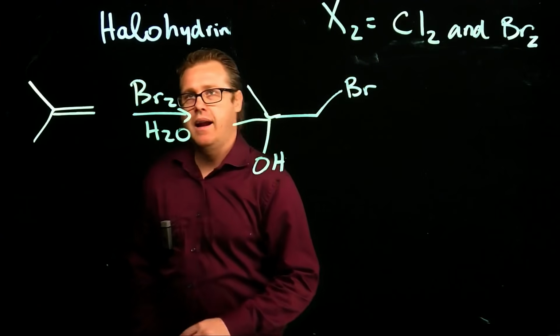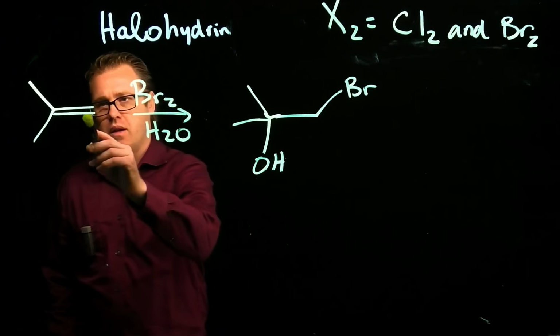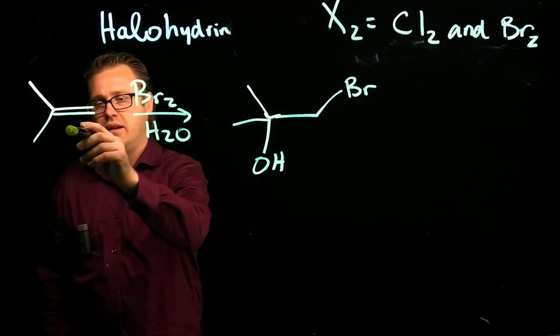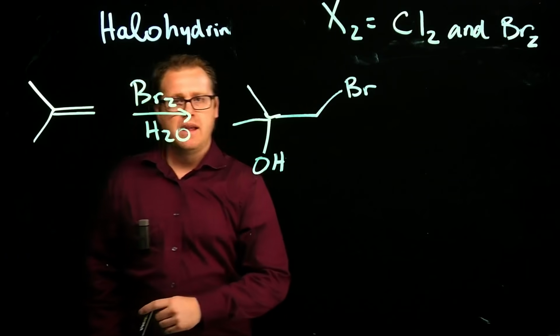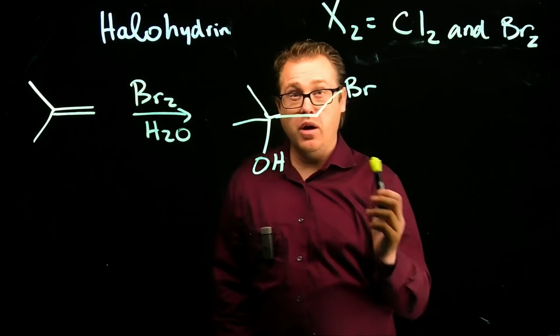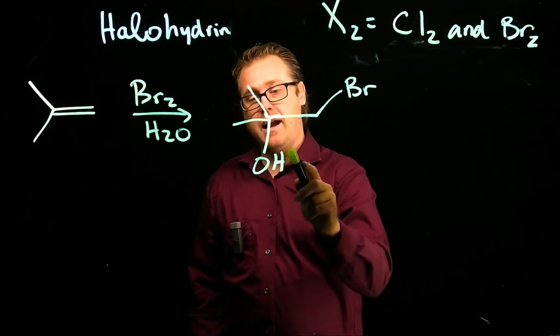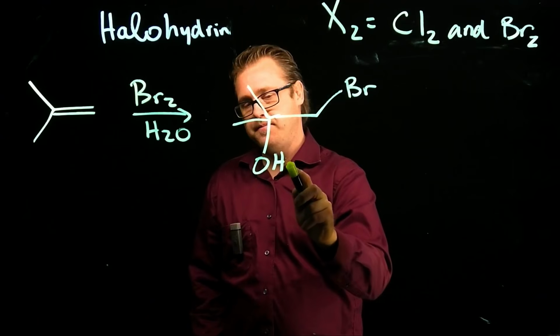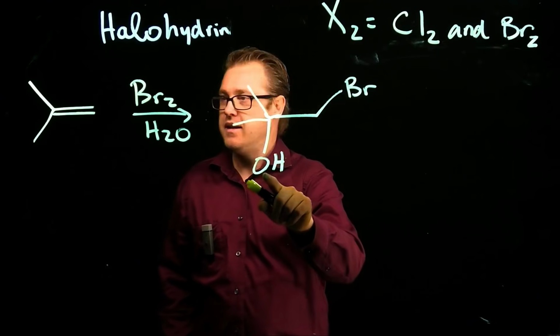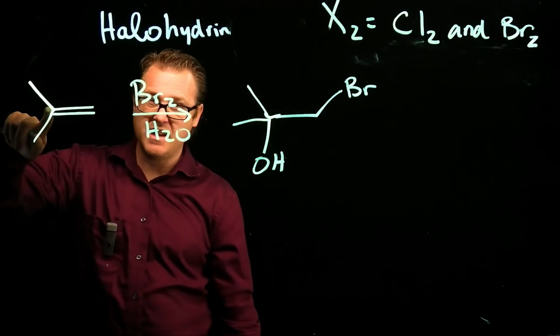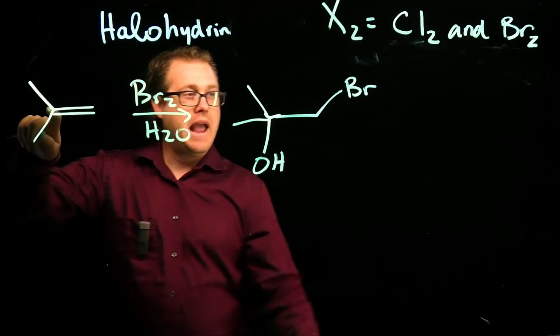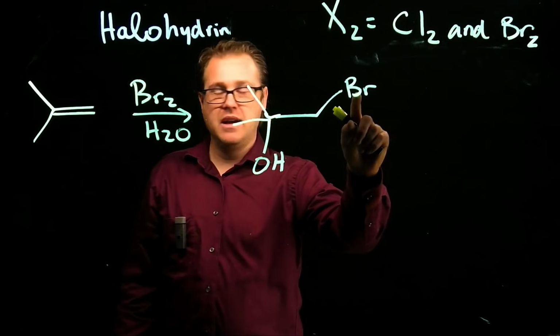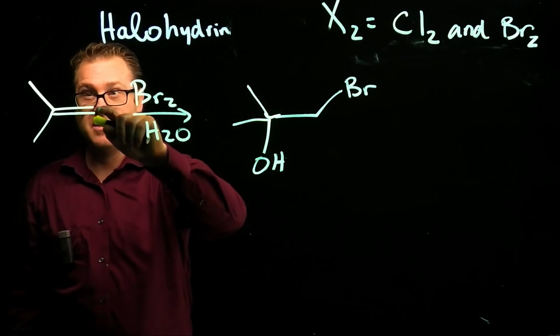Here's a halohydrin reaction where we can see our alkene is not symmetrical. And in our product, we noticed that the water, which then gets converted into an alcohol, attacked the more substituted carbon, and the halogen attached to the less substituted carbon.